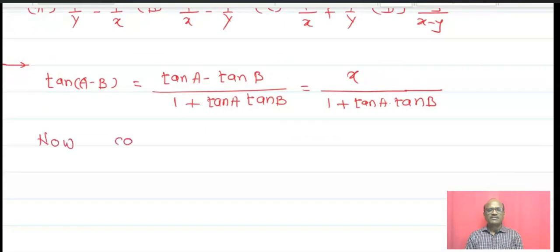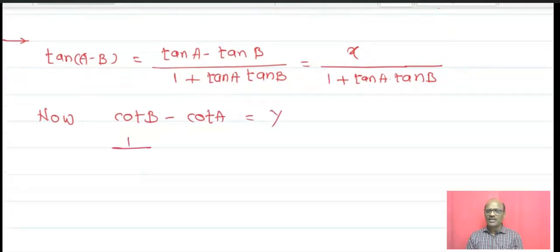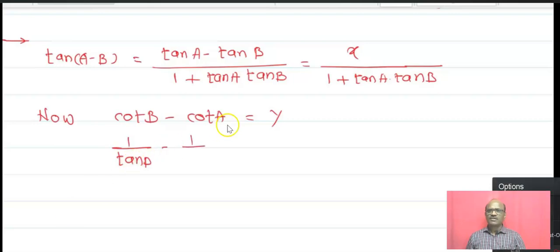Therefore, cot B minus cot A is equal to y. By using this value, we will find the value of 1 plus tan A tan B.